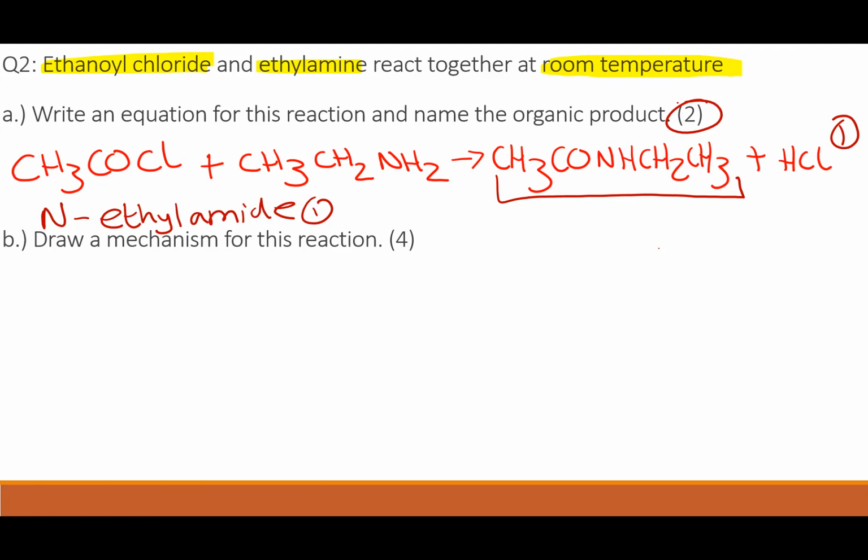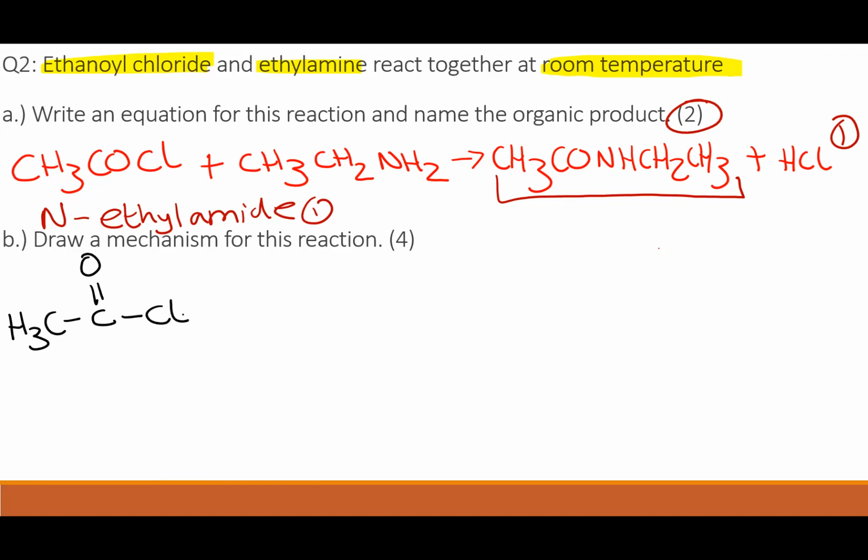So what we want to do is draw out that ethanoyl chloride to start off with. So let's get that drawn out first. So we've got H3C, carbon, oxygen, chlorine.